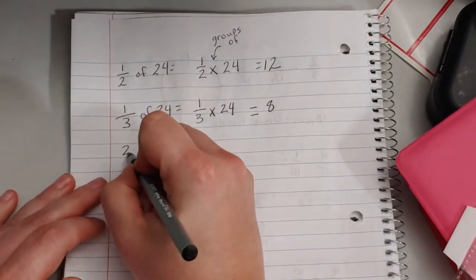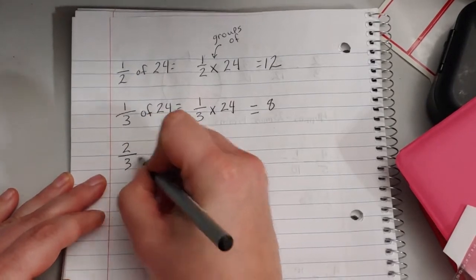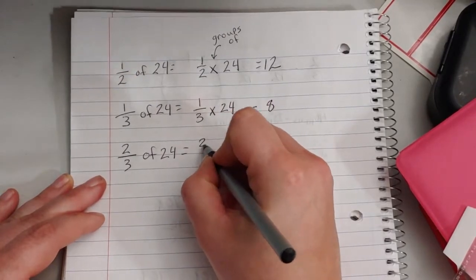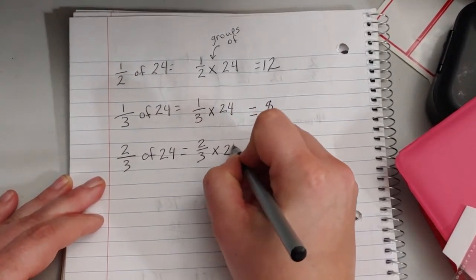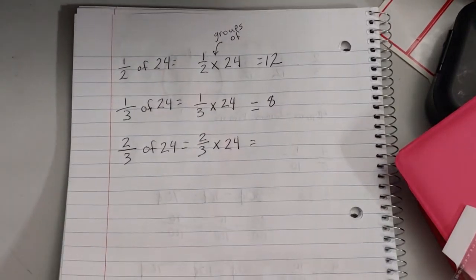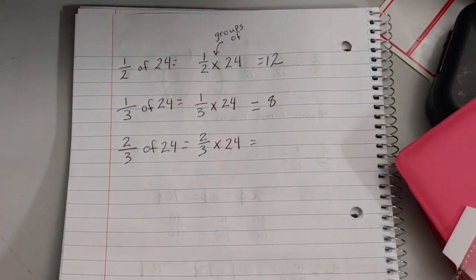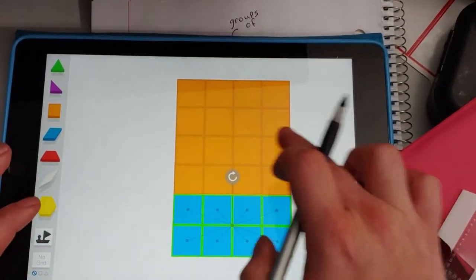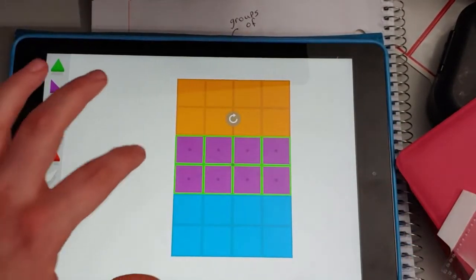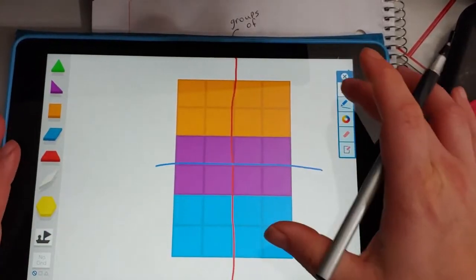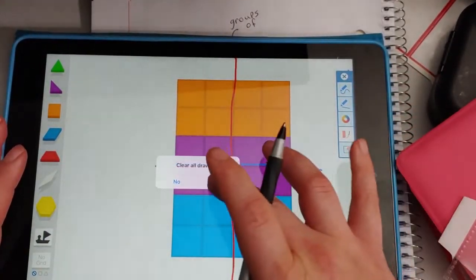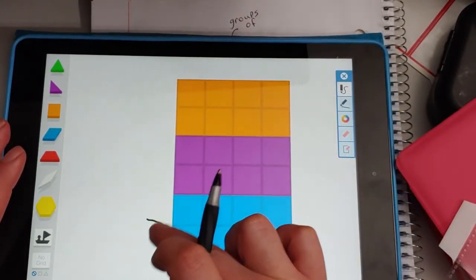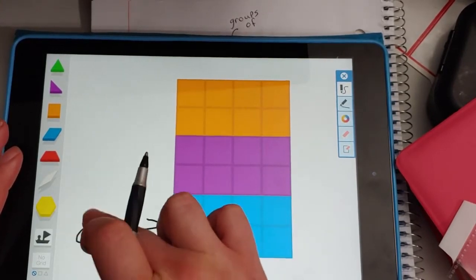What about 2/3 of 24? 2/3 times 24. Whoops, guess I shouldn't have deleted that. Pause here and solve. All right, color those back in. So we know that one group, change this color here so we can see it a lot better, we knew that one group right here is 8.